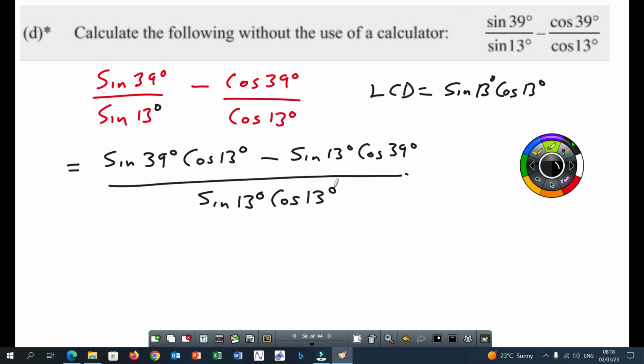Now, the numerator, if you look here, looks like the right hand side of which equation? Number 4. Do you see that? So all you need is to identify your alpha, identify your beta.